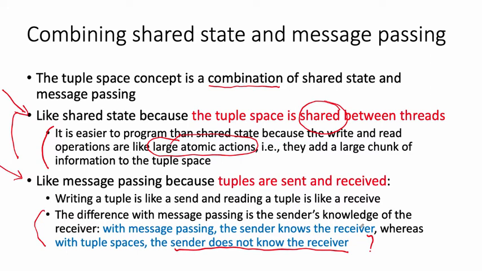But I don't care which printer. So this is like a send where I don't care who is the destination. You can see how it's like message passing: it's a send where you don't know the receiver, and it's like shared state because you have a shared tuple space. So you see it's a concept that's sitting in between the two.